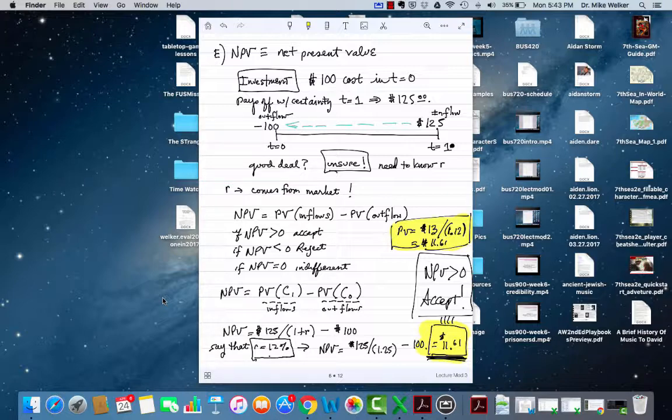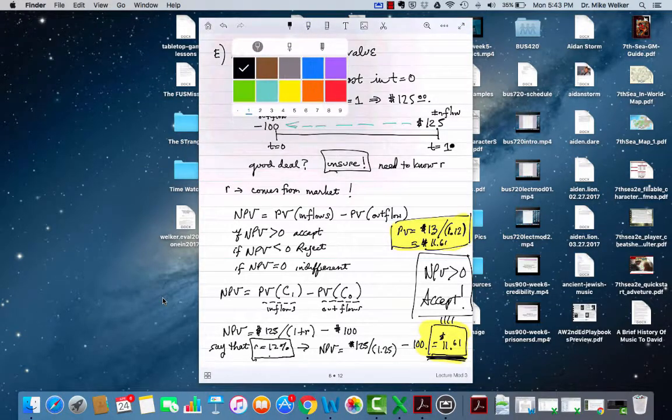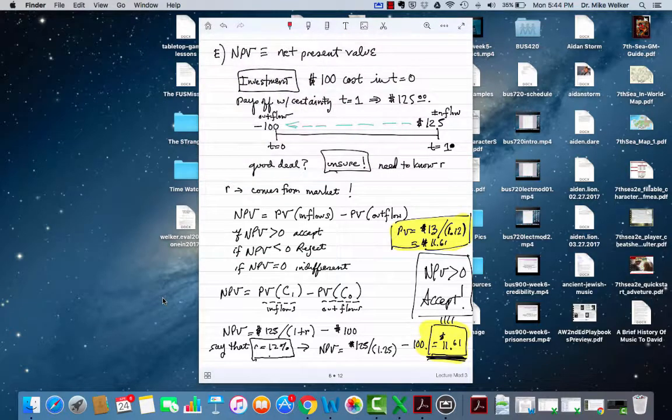So what's crucial about NPV is, let's say I'm going to write this in red because this is very important. I'll put it as a summary at the top of the notepad, that it considers the opportunity cost, the sacrifice of your investment. You're passing up alternatives at the market rate of investment.